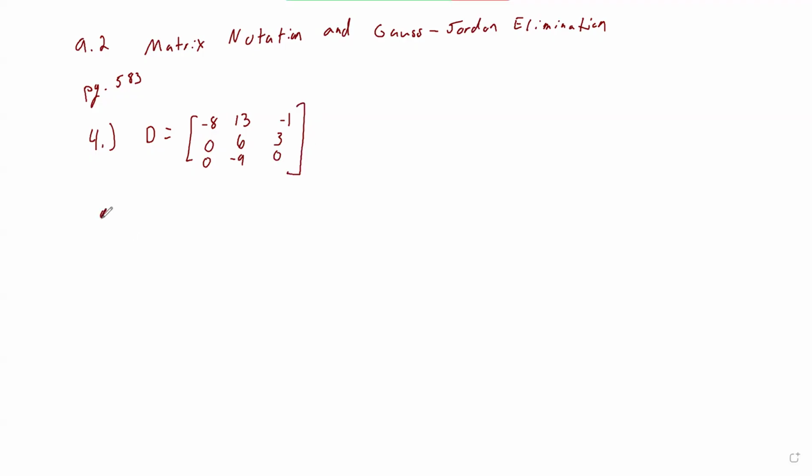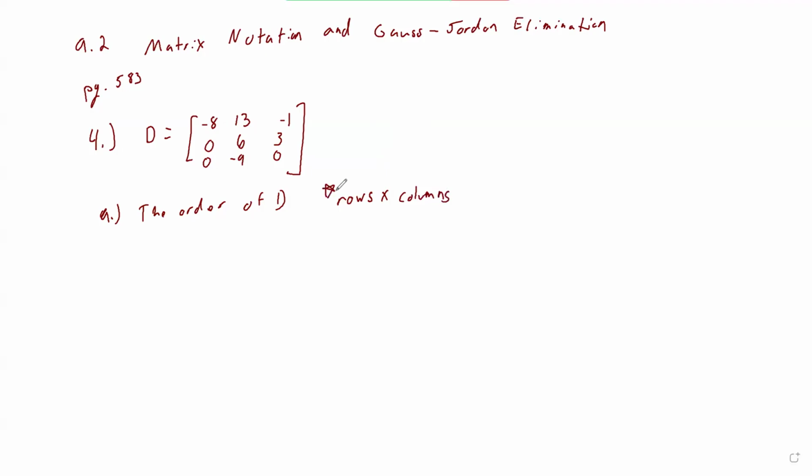The first thing you're asked to do is determine the order. The order here is going to be rows by columns.